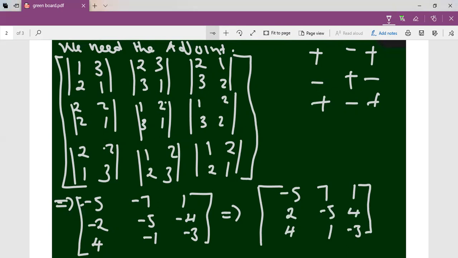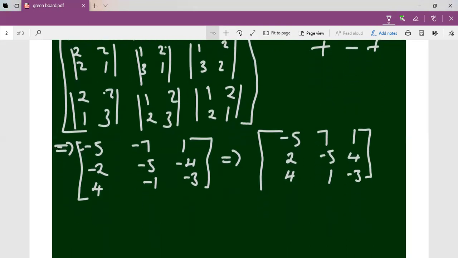So this that we have is the one that we are calling the matrix of cofactors. Take note. It is a matrix of cofactors. So the matrix of cofactors.